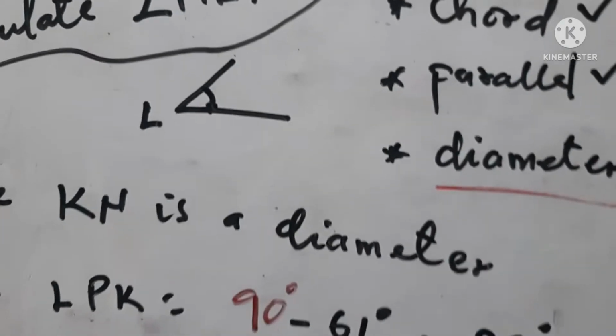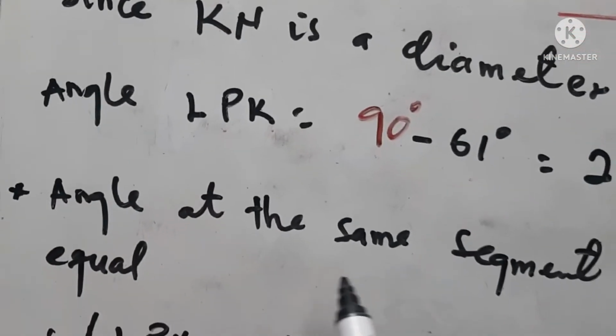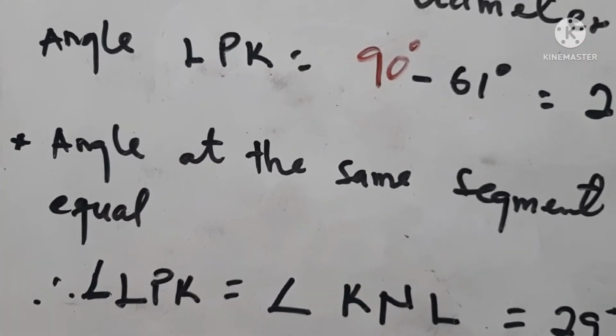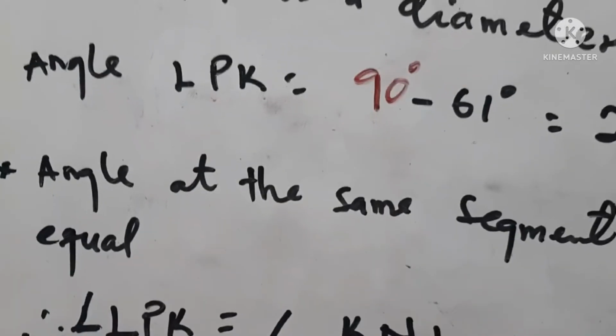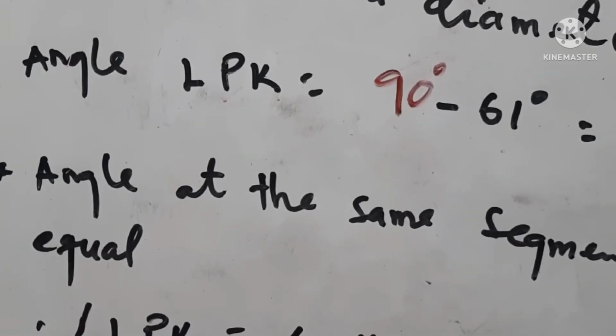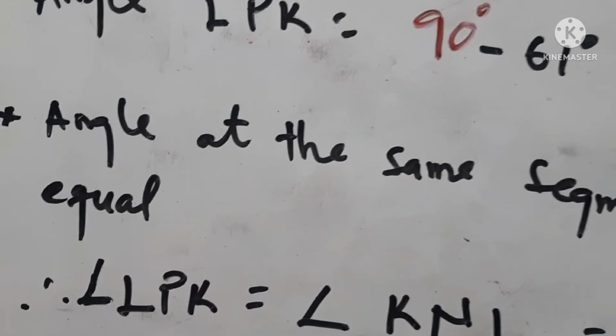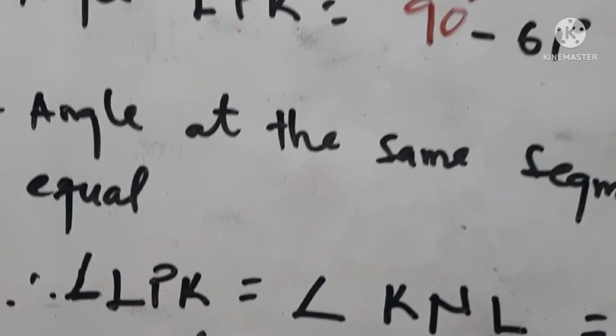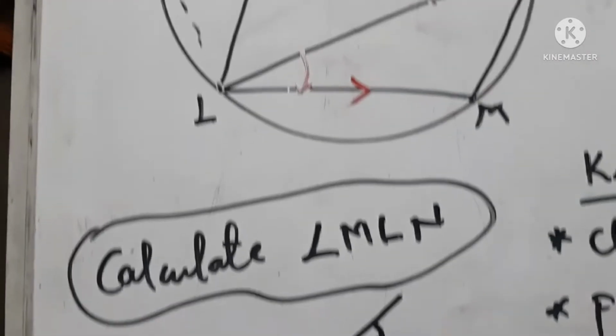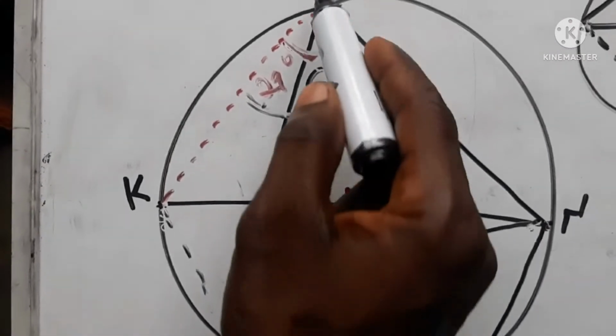So how do you write that? So you can say that angles at the same segment are equal, right? Angles at the same segment are equal. So that is a simple English statement here. So this means that the angle LPK, where is the LPK here?